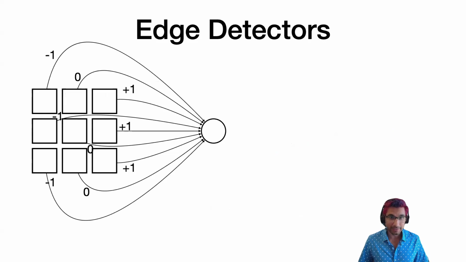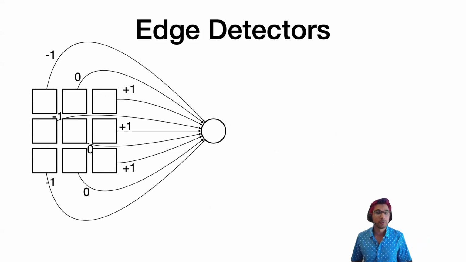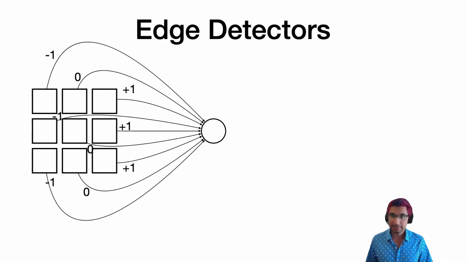Now, at this point, it's very hard to interpret what any of the neurons in the internal layers are doing, but there are a few things that we can do to help. And as a very simple thing, first, let's look at what we could do with some handmade weights on some of these neurons.